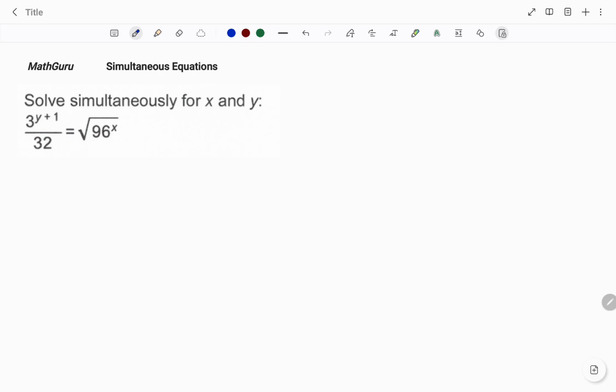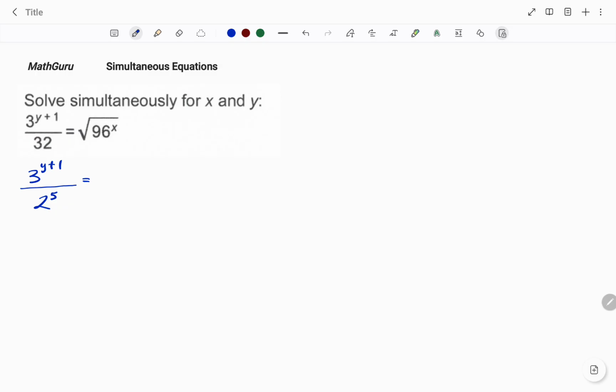So the first step is to change all the whole numbers, that's 32 and 96, into base of its prime factors. So therefore, my equation becomes 3 to the power of y plus 1 divided by 32, changing that in exponential form will be 2 to the power of 5 equals, I'm going to do the same for my 96.